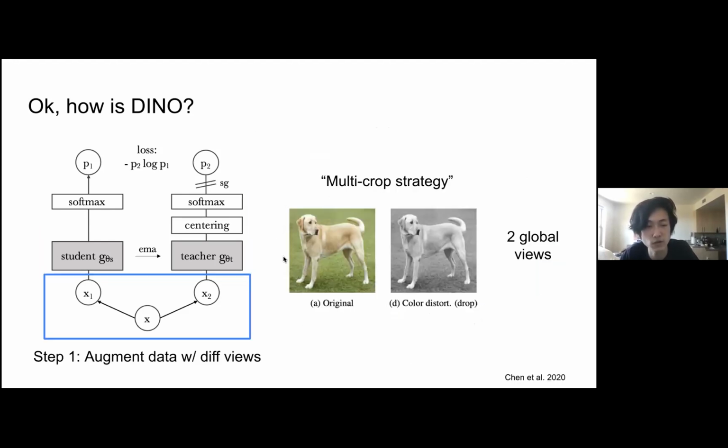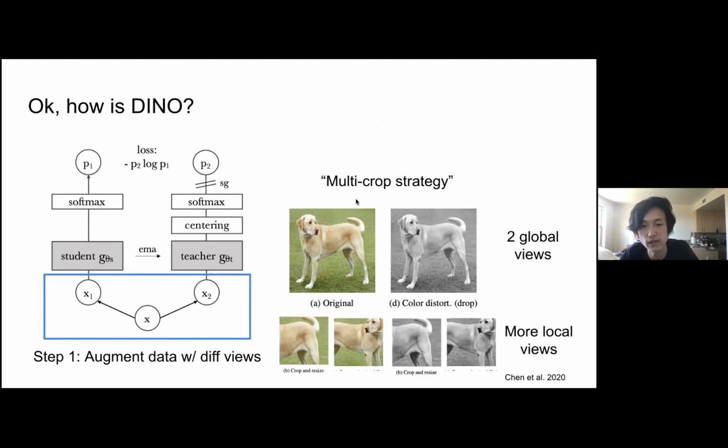But back to the first part, they do this specific thing called a multi-crop strategy. They do a similar augmentation view thing, where you have an original source image and this augmentation, and they consider these global views. But they also specifically augment for different patches, which are considered local views.